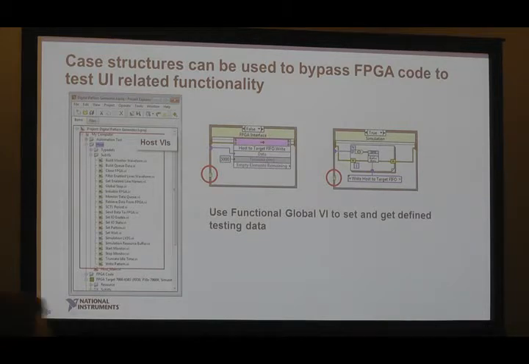So we can use the case structure to bypass the interface code, and we can use the functional global VI to set and get the defined testing data. Like this host to target write method, we can use this method to bypass.